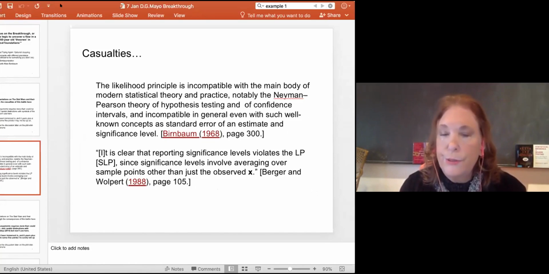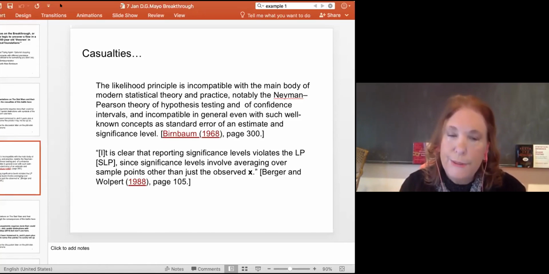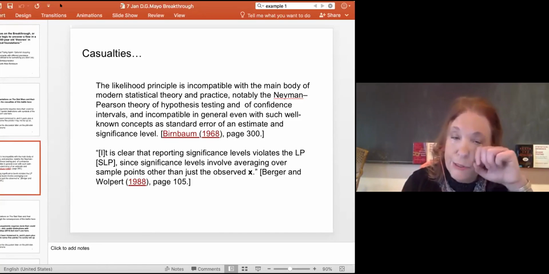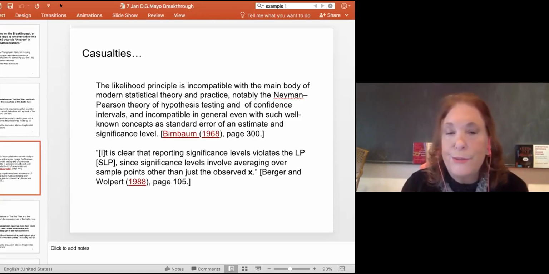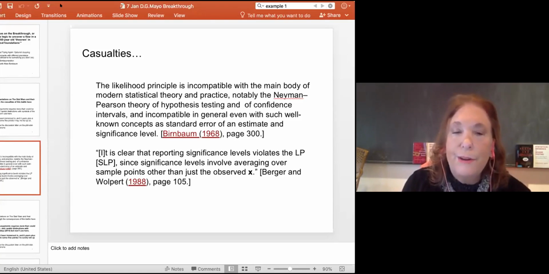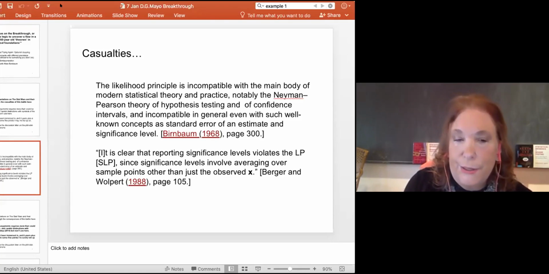You can do the conditional, you could do the unconditional. It's just you can't do both at once in the same argument and expect to get something out of it. And Birnbaum's argument actually requires that you do conflicting things, that you condition and that you not condition at the same time.